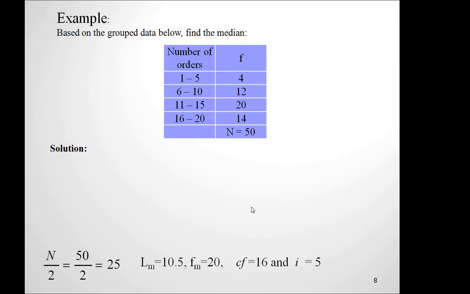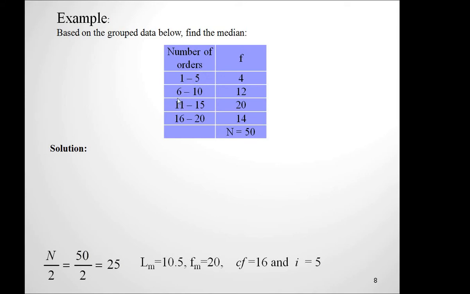Let us see an example. In this case, class intervals and their respective frequencies are given and we have to obtain the median. So step 1 is to obtain class boundaries. In order to obtain class boundaries, we first find d by 2, where d is the difference between the lower limit and upper limit of the first class.